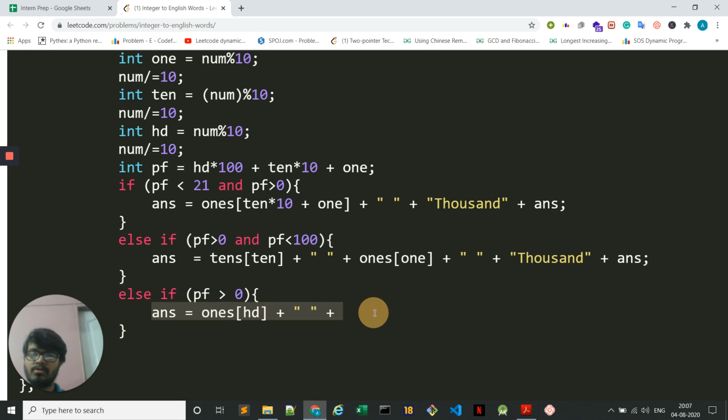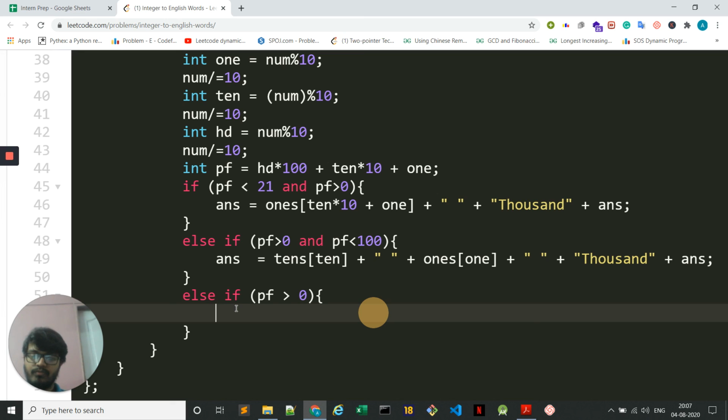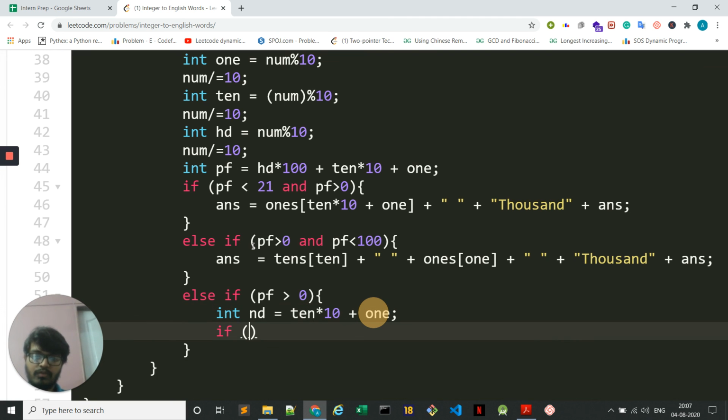So we need to take two cases here as well. Let ND be equal to 10 into 10 plus 1. If ND is greater than 0 and ND is less than 21.